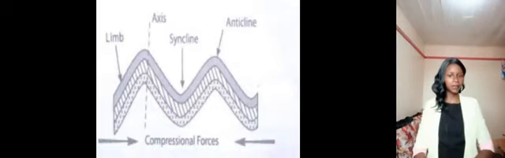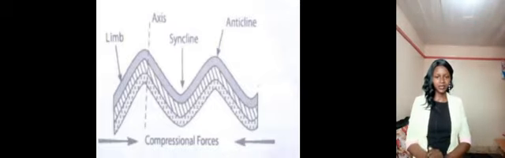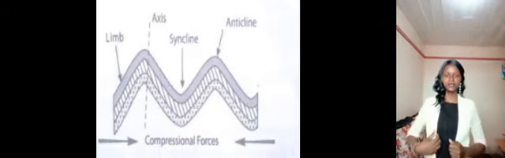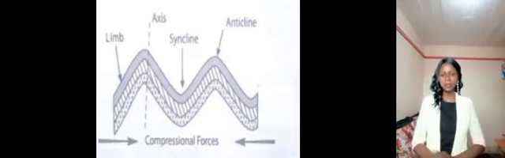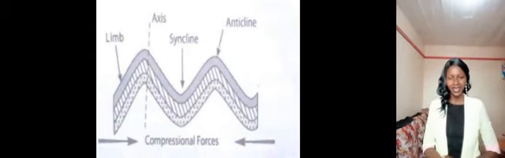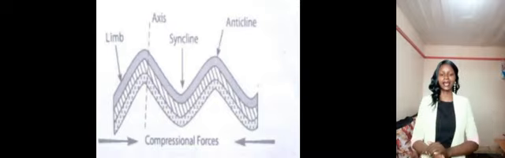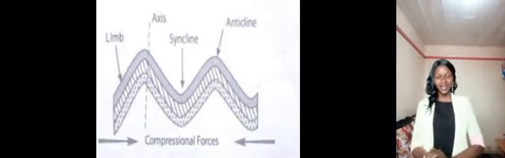So the topmost part of the anticline is what we call the crest. And we have another term, that is trough. Trough is the bottommost part of the syncline. We've said this is the syncline, that is the depression-like. So the lowest part of the syncline is what we call the trough.